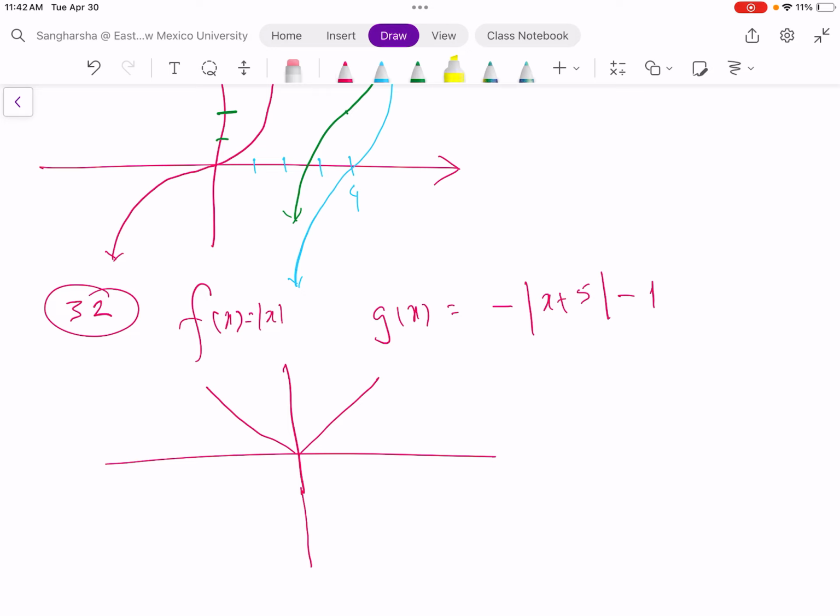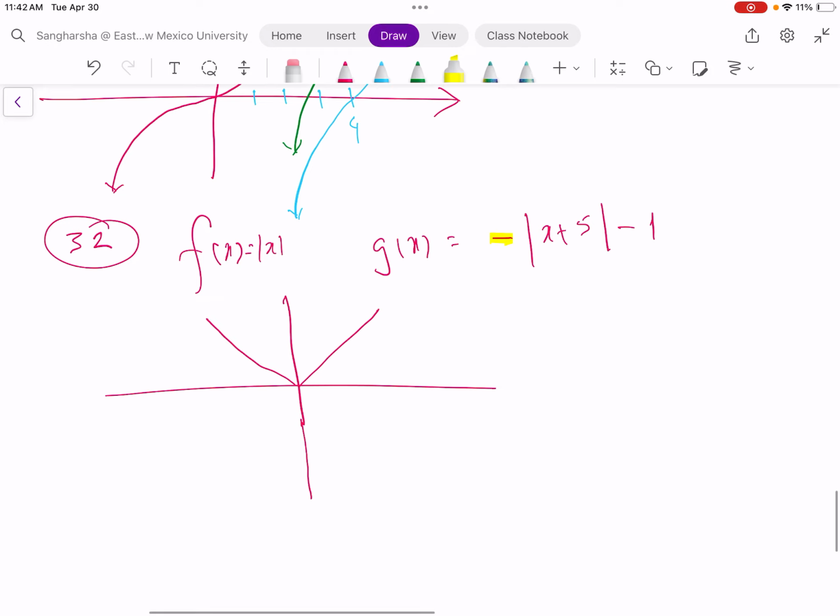So first, you need to have the negative in front of the absolute value. So multiply by -1. It means you are reflecting across the x-axis, right? So this is your graph. Then next, you're going to replace x by x plus 5. It means you are moving your graph on the left side by 5 units. So this is -5.